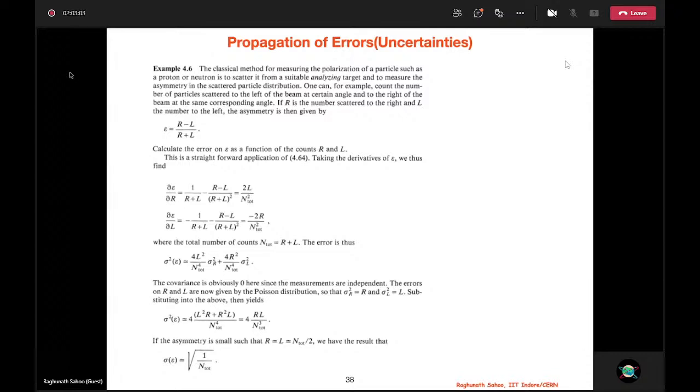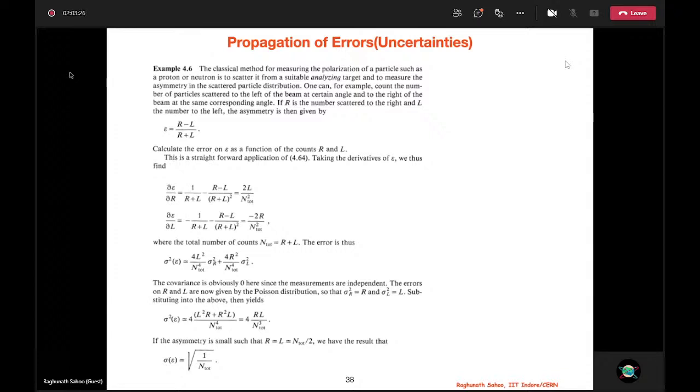So in this case, your epsilon becomes a function of the counts R and L. And you use the master formula, take the partial derivatives, and calculate your sigma square epsilon, which can be a complicated formula as you can see.